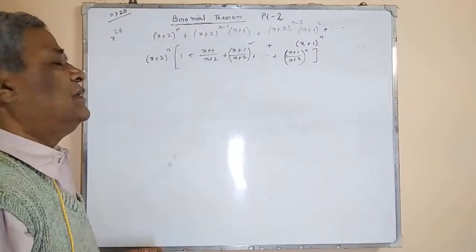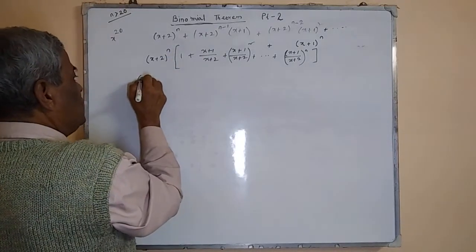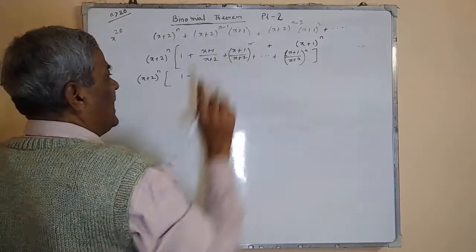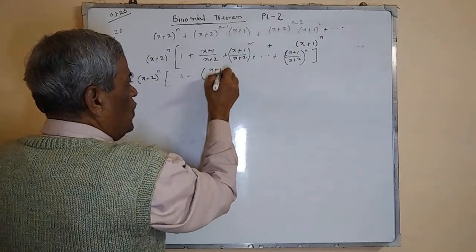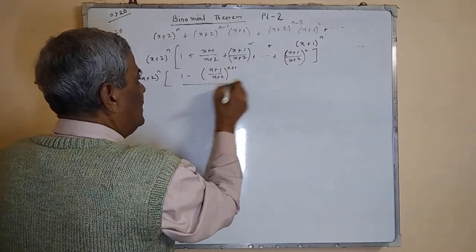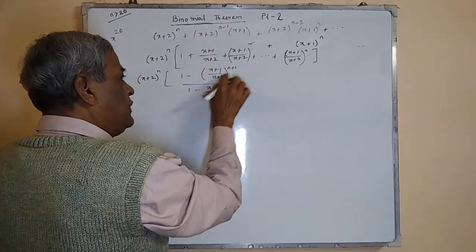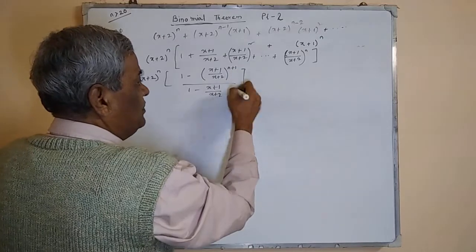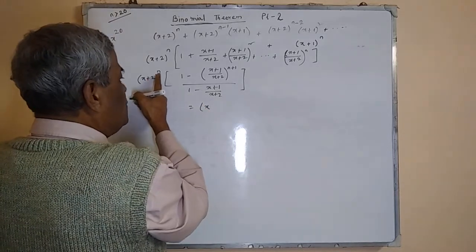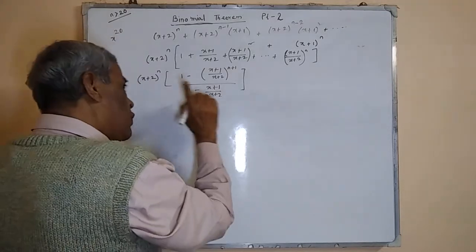Here we get one GP series, and that sum is equal to (1 minus the next higher term, ((x + 1)/(x + 2))^(n+1)) by (1 minus (x + 1)/(x + 2)). 1 minus r to the power n plus 1 by 1 minus r is of that type. It is equal to (x + 2)^n, and from the denominator (x + 2) to the power 1 will be there.